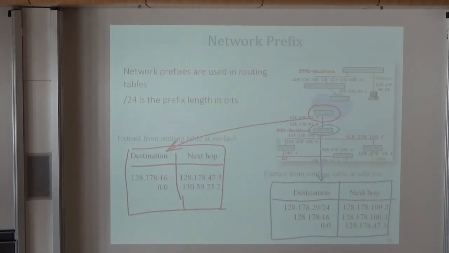128.178/16, with the next hop, which is the router that is just below, and another destination, which is 0.0. What do those two lines mean? Well, it means that whenever this router receives a packet, it will do a match in the table.